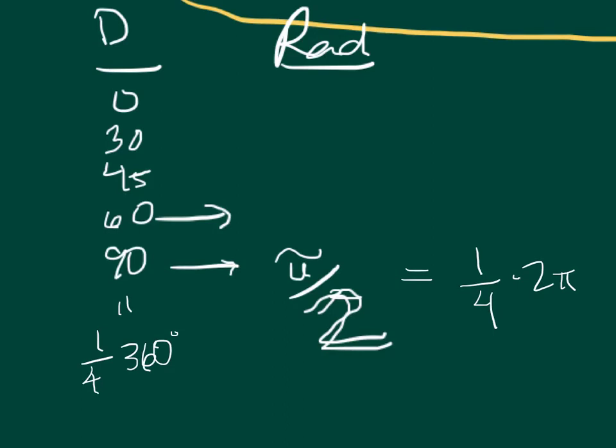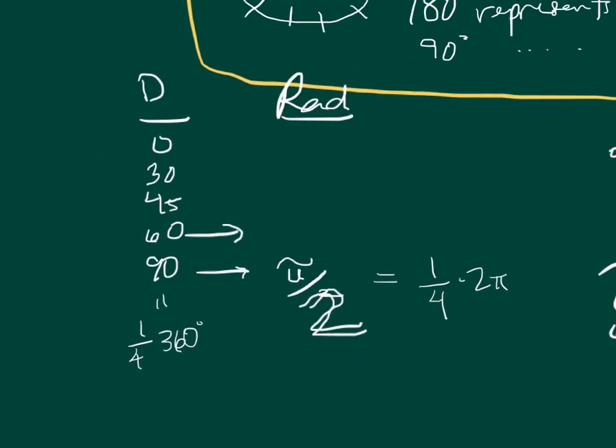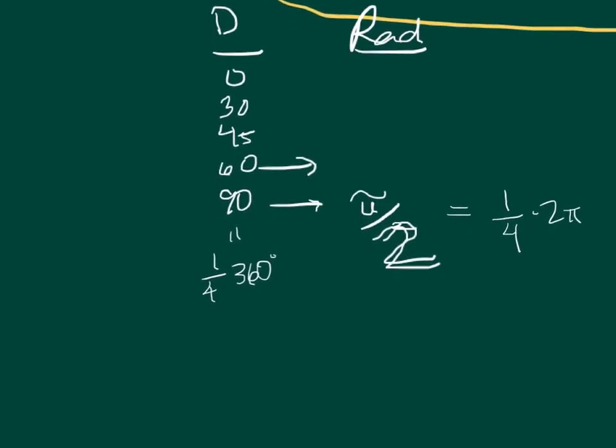Everything I've written so far, it's clear, right? So 60, how do I compare that to 360? What's the appropriate fraction if I want to do the same thing with 60? 60 is what fraction of 360?